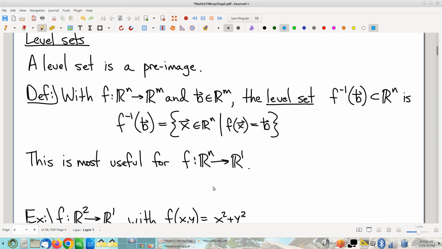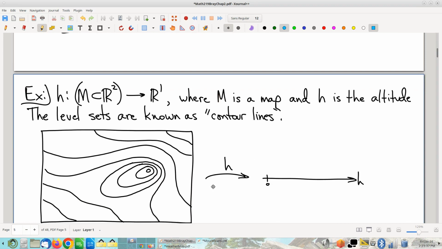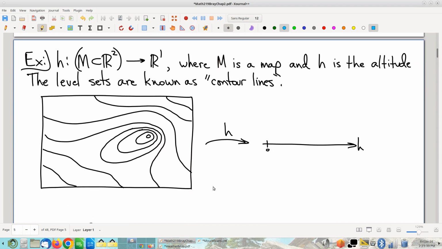Okay. Here's another example. If you've ever done a significant amount of hiking, you may be aware of topographical maps, sometimes known as contour maps. And contour maps are called that because they draw a bunch of contour lines. A contour line is just a level set of altitude.